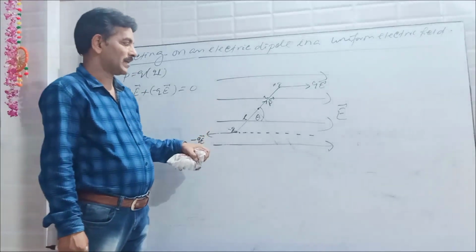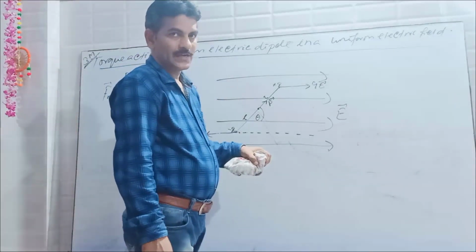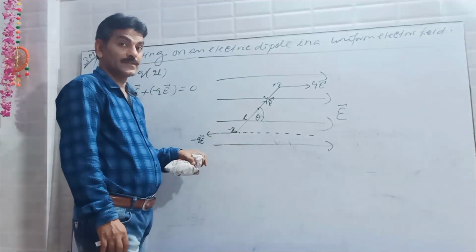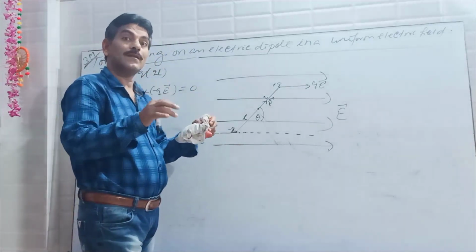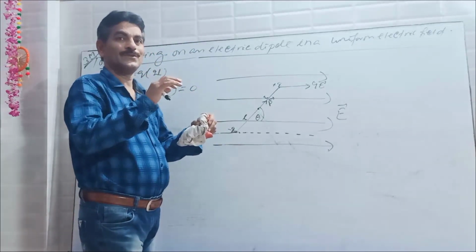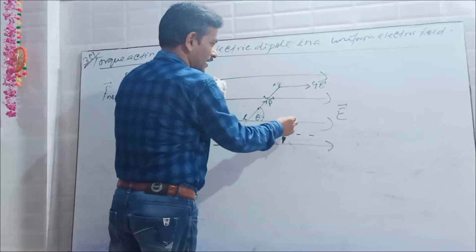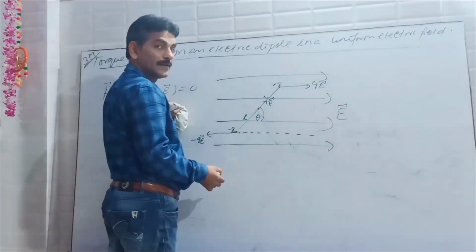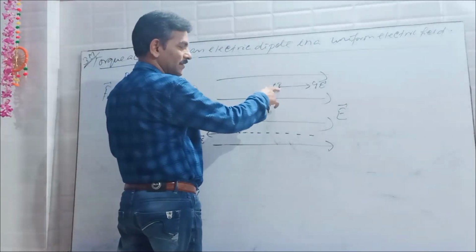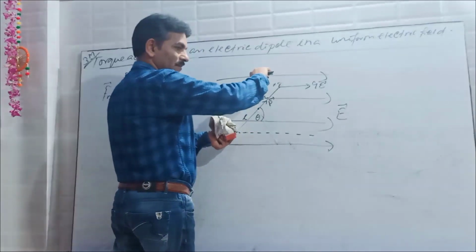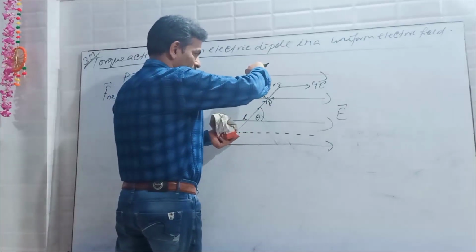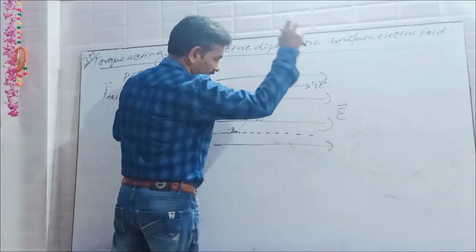Since the two forces are equal and opposite and acting at two different lines of action, they constitute a couple or torque which tends to rotate the dipole so as to make it parallel with the electric field. This force will create a torque, this will also create a torque, and it will turn the dipole to make it parallel with the electric field.